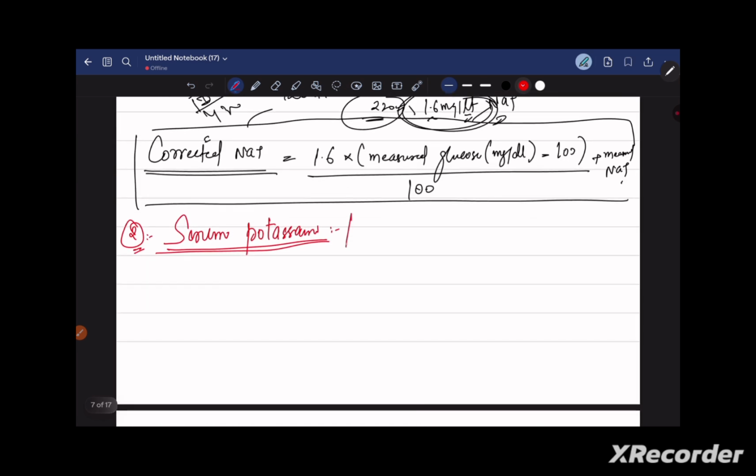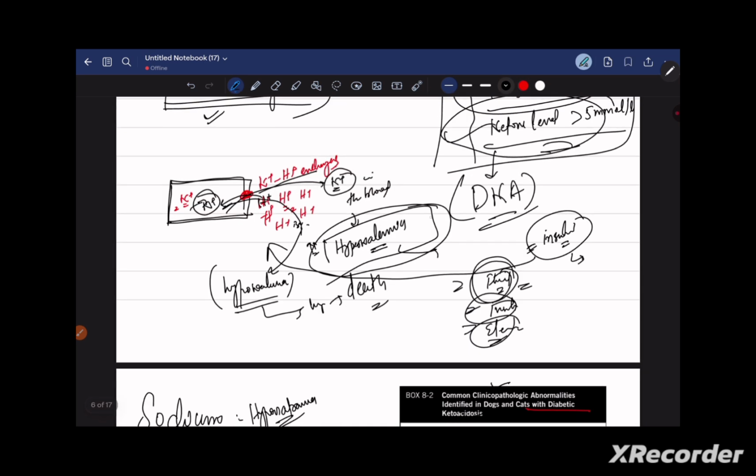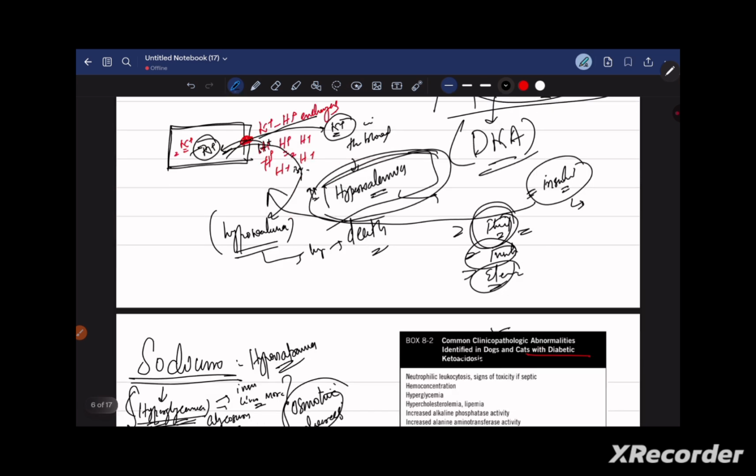Now how does this hypokalemia occur in DKA patients? Remember, in DKA patients, I already told you that initially there is hyperkalemia. How there is hyperkalemia, I explained each and everything.